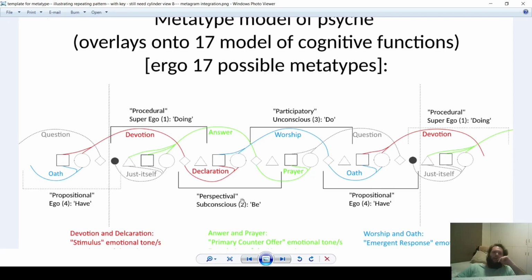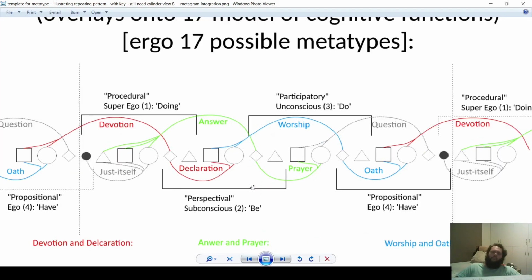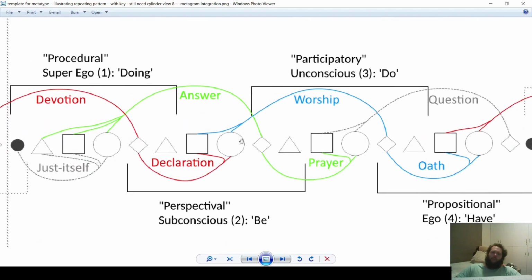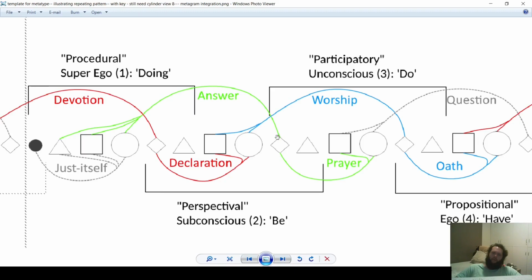So in some sense, the metagram portion of the metatype could be seen as having 2 independent circuits within it, although there's a kind of cross-pollination here, because every time you have a parent function, it's going to be bordering, generally speaking, an inferior function of the other circuit.